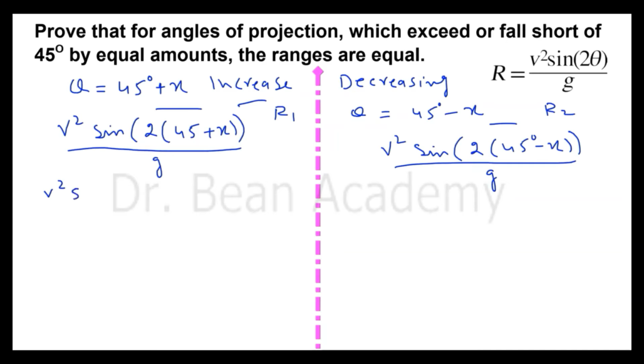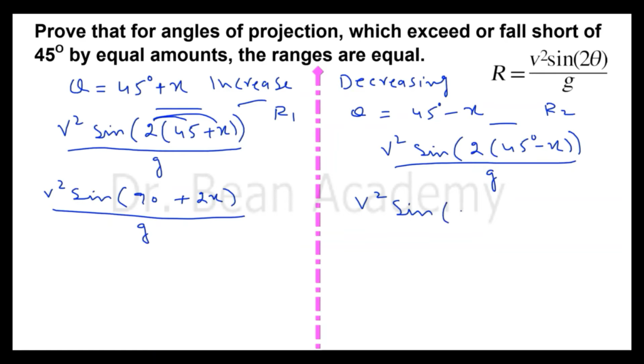V squared sine of, so if I multiply 2 with 45 and 2 will also be multiplied with x as we know from basic algebra, it will become 90 plus 2x over g, and here it will become v squared sine of 90 minus 2x over g.